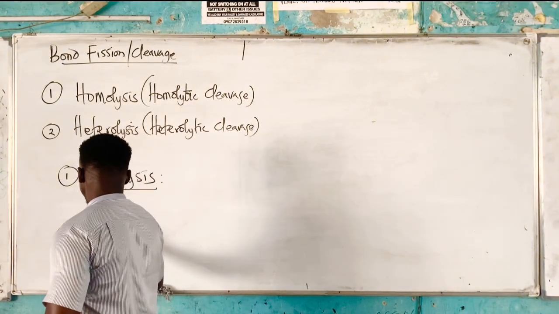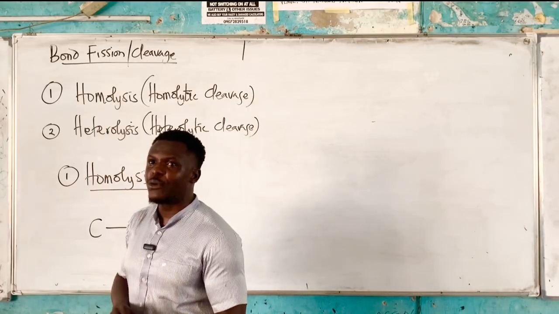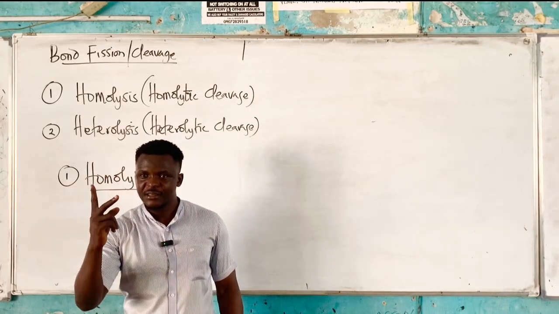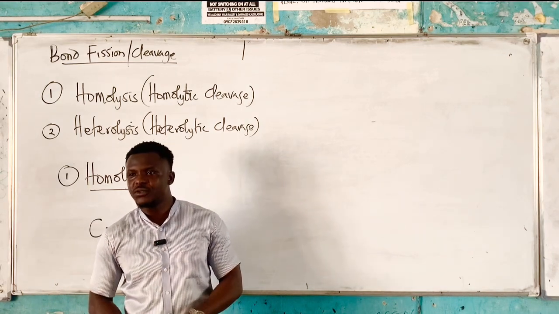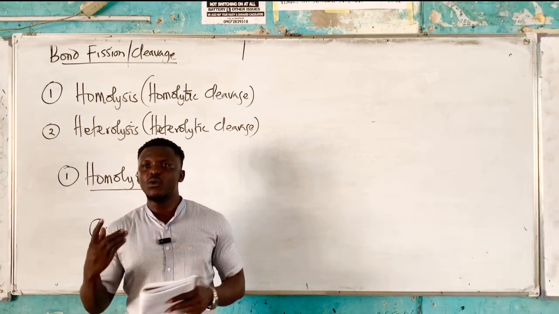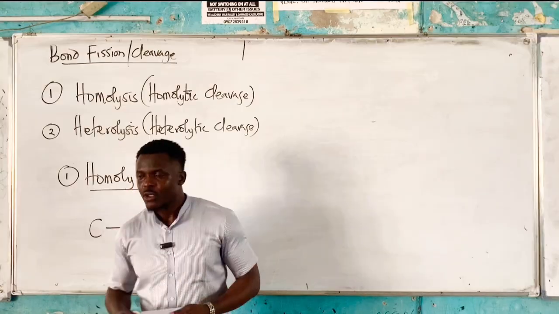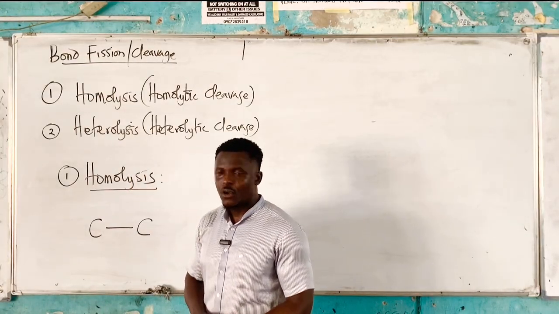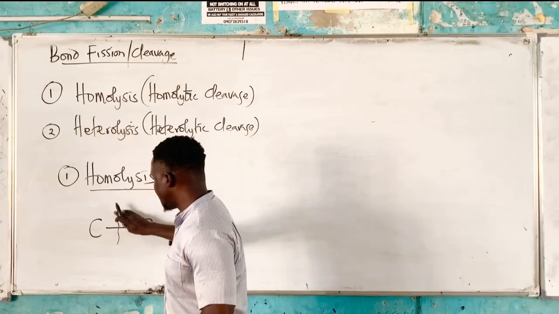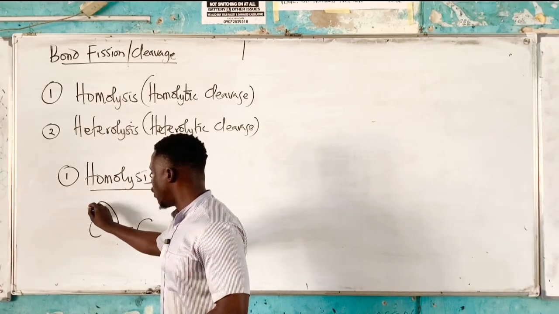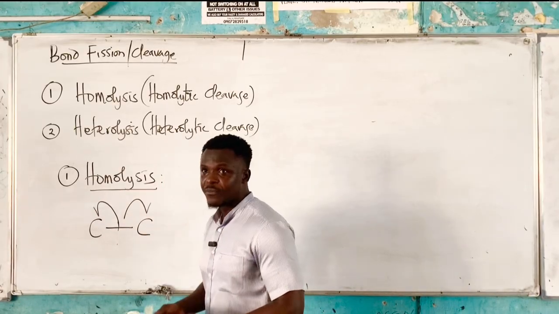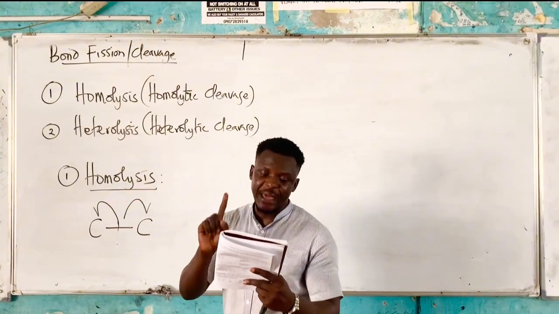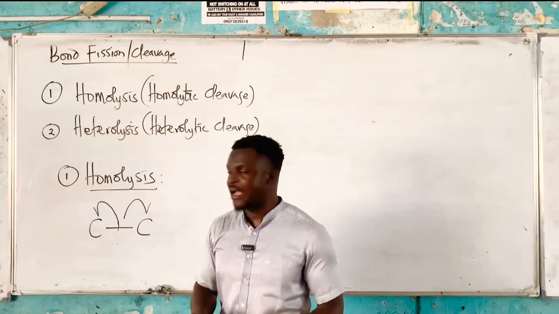Now, do not forget that a bond is basically what joins two atoms together. Covalent compounds have more than one covalent bond. So this is a bond. Every bond contains two electrons. When I break these symmetrically, I mean that one electron belongs to one and one belongs to the other. That is why we said, in this case, one electron remains with each product fragment.